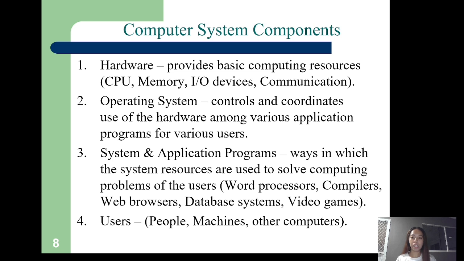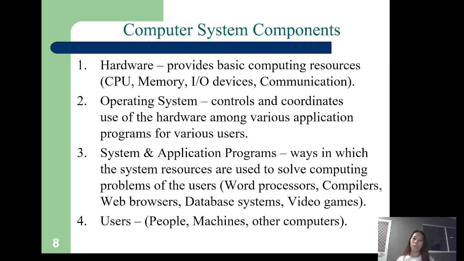Hardware provides basic computing resources, for example CPU, memory, I/O devices, or input or output devices, and communication. Hardware refers to the physical components of a computer system. These are the tangible devices that allow the user to function.